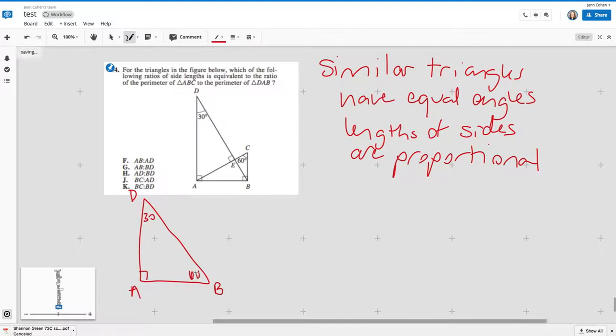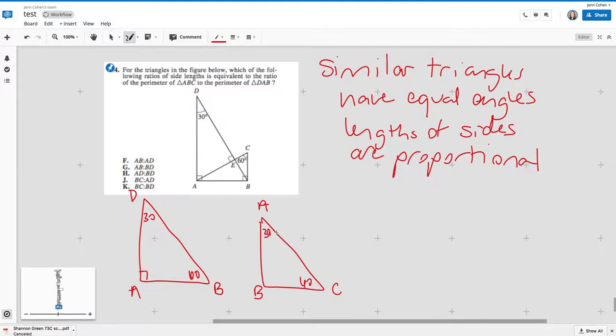This is the 60 degree angle. If you flip triangle ABC on its side, C is the 60 degree angle, B is the right angle, and A is the 30 degree angle.